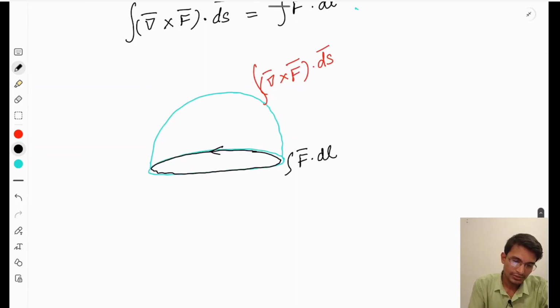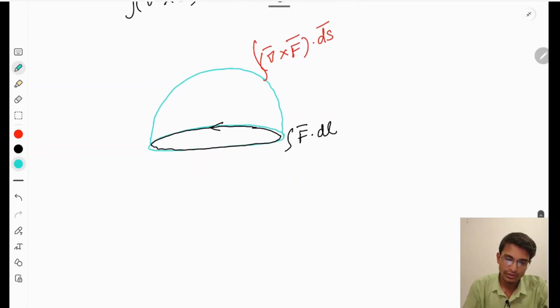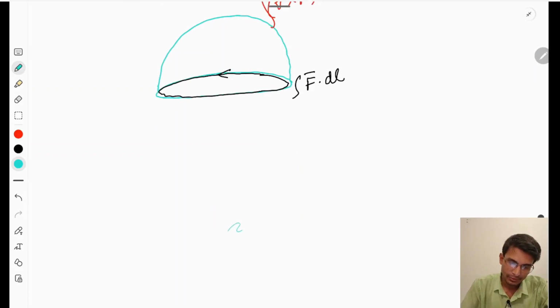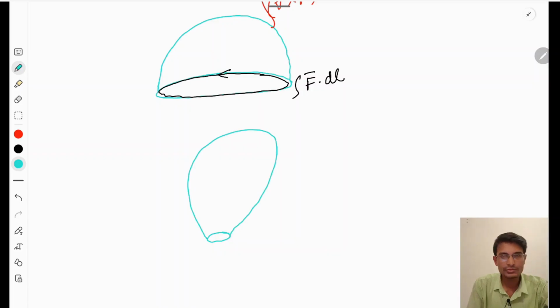Now instead of a hemispherical surface, if we take a surface something like a balloon, suppose we take a surface something like this, we can also consider a surface like this.